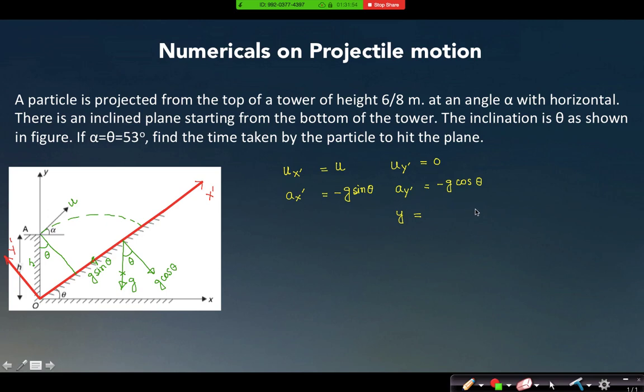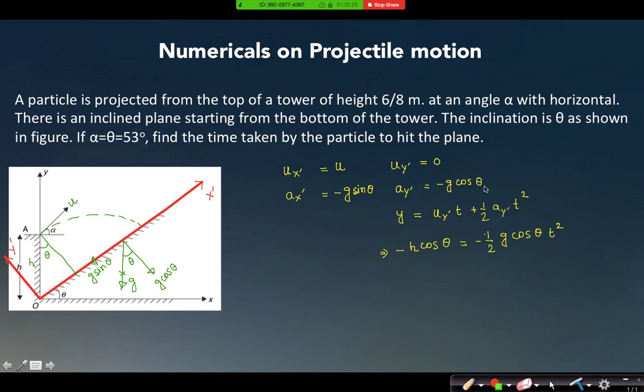The y displacement equation is uy prime t plus half ay prime t square. If I put the value of y here, that gives minus h cos theta. Here uy prime is 0, and half ay prime is minus half g cos theta, times t square.